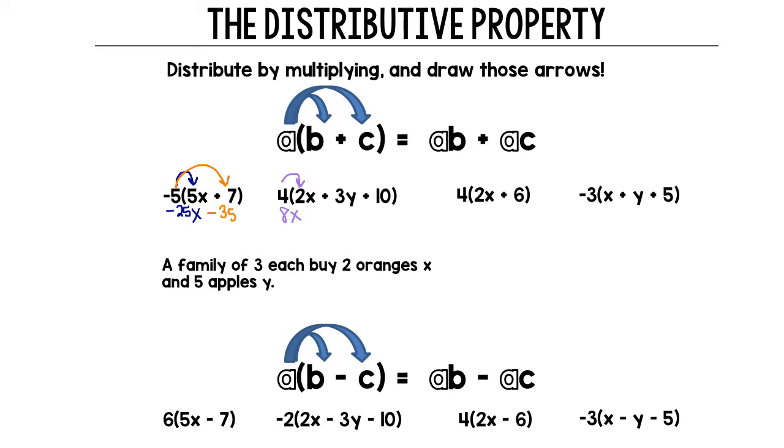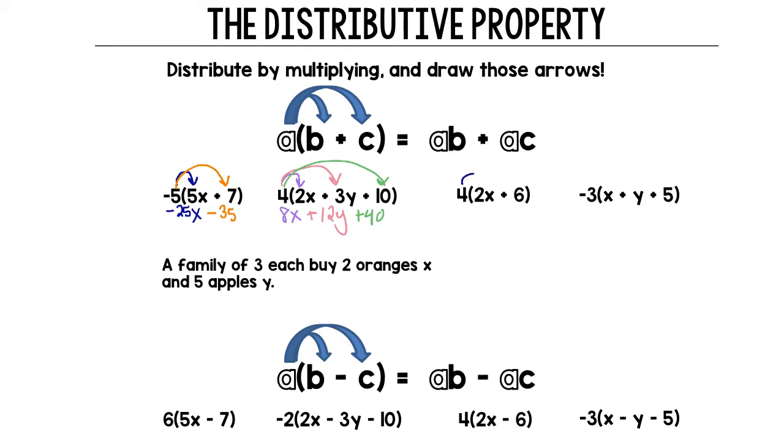That's 8x. And then next, 4 times 3y. That's positive 12y. And last but not least, 4 times 10 is positive 40. Try the next two on your own. Come back and check your work with me.